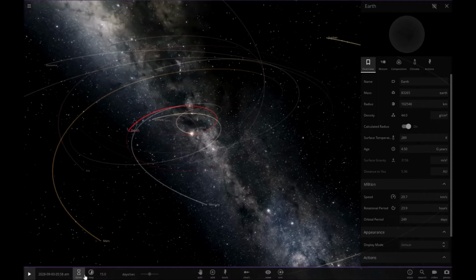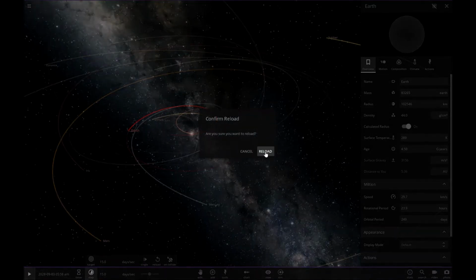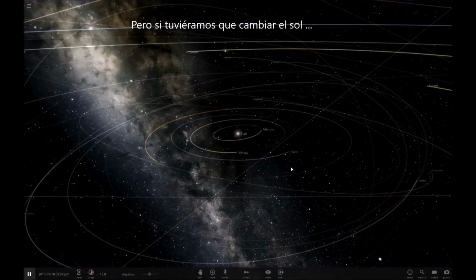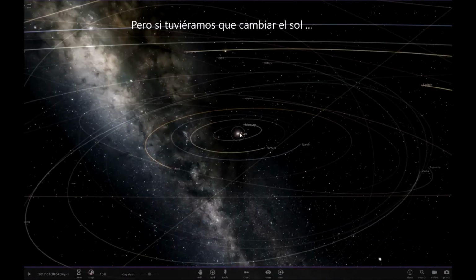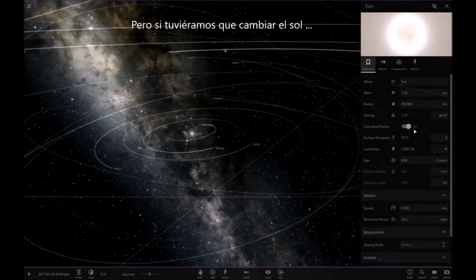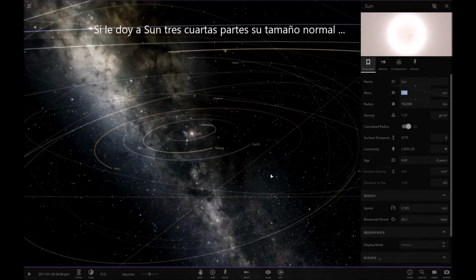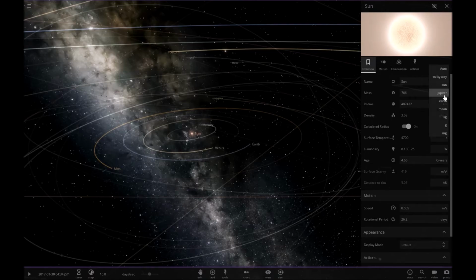But if we reset everything here, reload, and I were to change the sun just the tiniest little bit, let's make it a little bit lighter. Let's say 3/4, 0.75, which is 786 Jupiters, or almost 250,000 Earths.